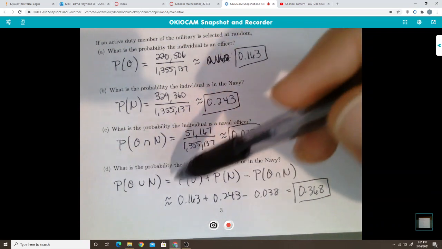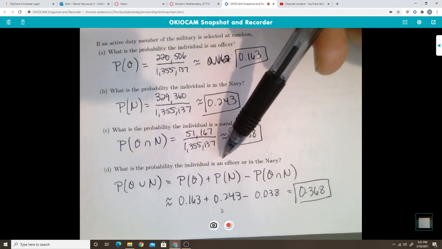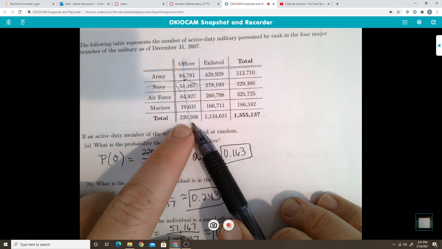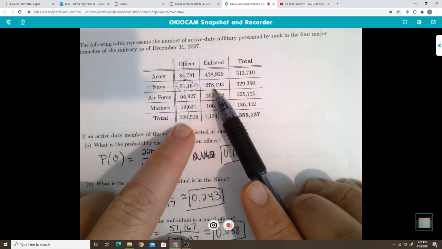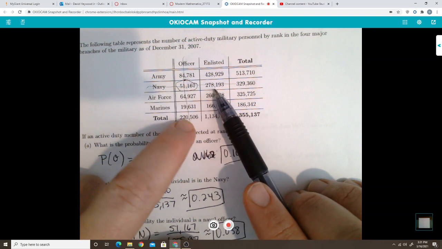Now, you could also do this one differently. You could say, well, instead of using this formula, why don't I just look at the chart and figure it out? So what's the probability the individual is an officer or in the Navy? Well, there were 220,506 officers, and then there were 278,193 Navy personnel who are not officers.